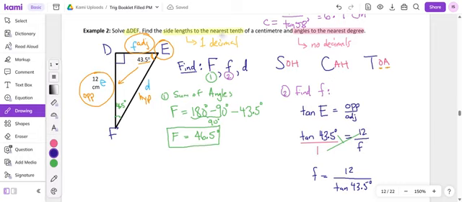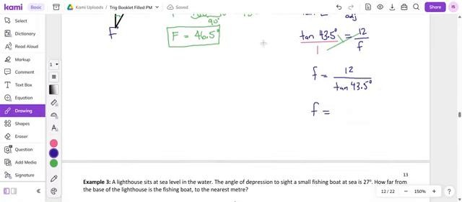Side lengths to the nearest tenth of a centimeter. Okay, so that means 1 decimal. So I've got 12.6 centimeters. Now, since I rounded, what type of equal sign am I using? Great. The approximate equal sign. Good.